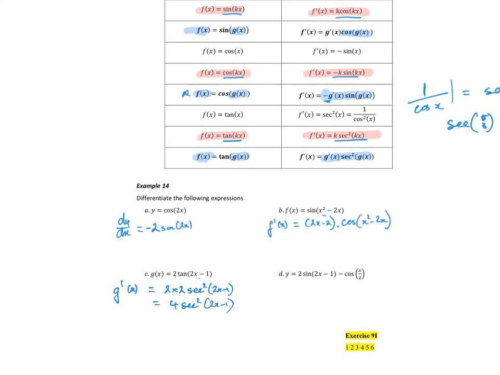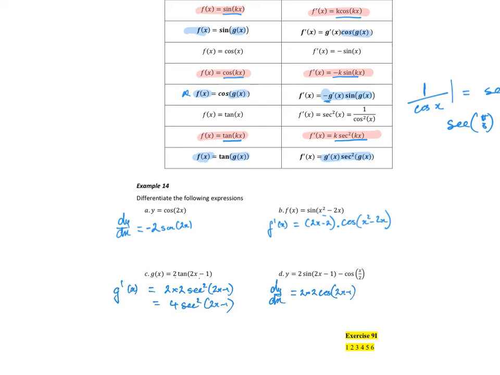Okay? If we've got a combination of functions, same process. dy/dx is equal to derivative of 2x minus 1 is 2, so I go 2 times 2, derivative of sine is cos, and the 2x minus 1 doesn't change.